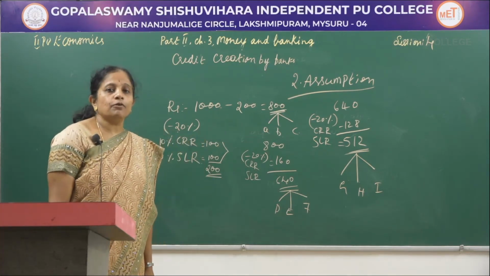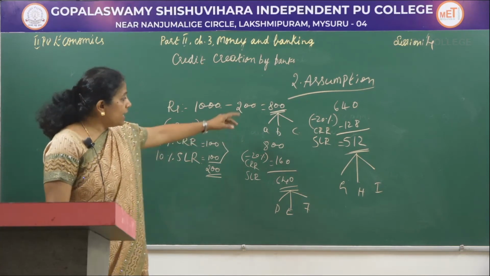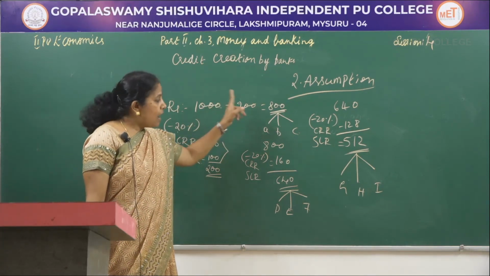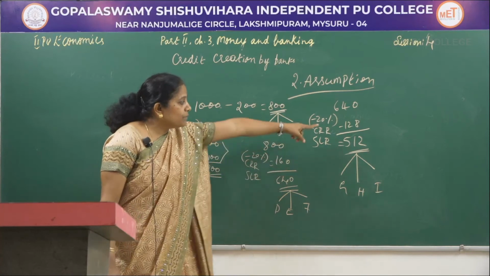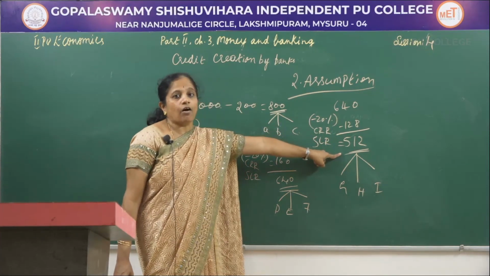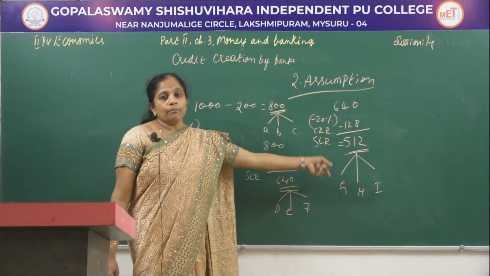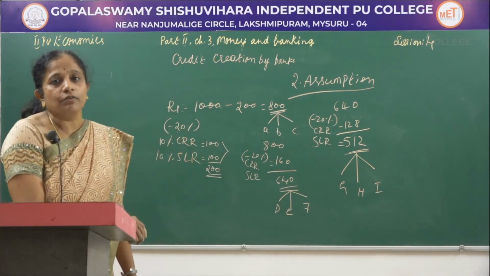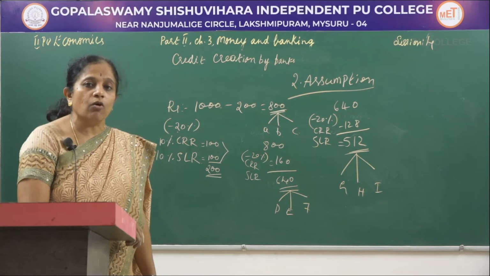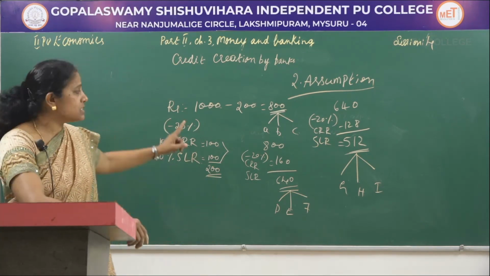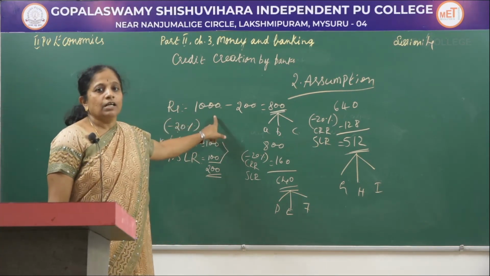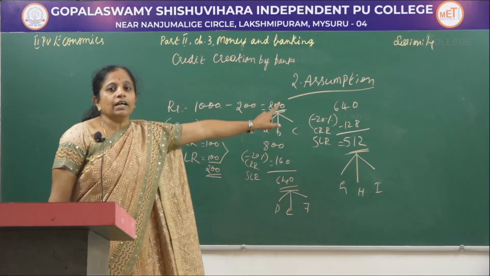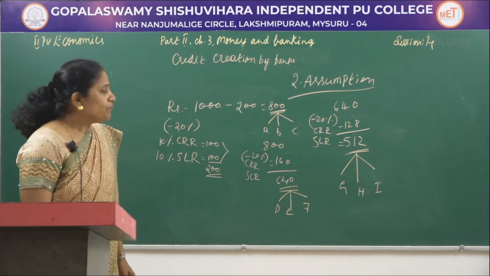A minimum of 14% interest, and with this 1000 rupees, how many times 14% interest is earned on different amounts because of the regeneration or recreation of the deposits out of the loans issued out of the first initial deposit. This is the way the credit multiplier works.